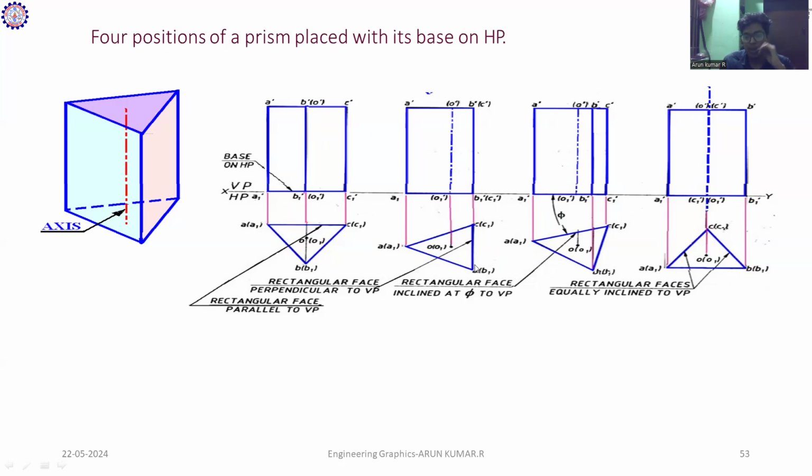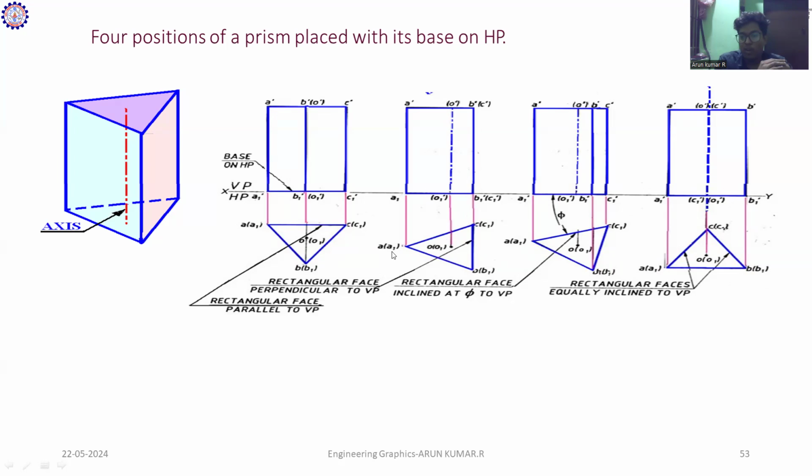Once you construct the perpendicular line, use the same method: take the arc and cut the points from B and C, joining the point to get A. Here I have taken A for a different understanding. I name the top view A, B, C, A1, B1, C1. If I mention the bracket, it is the base of the solid; if not, it is the top of the solid.